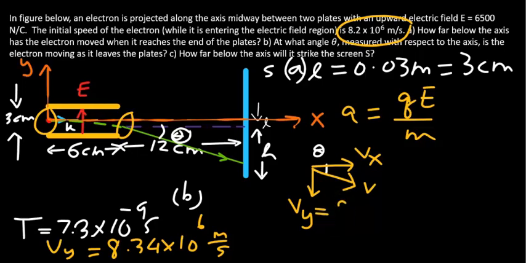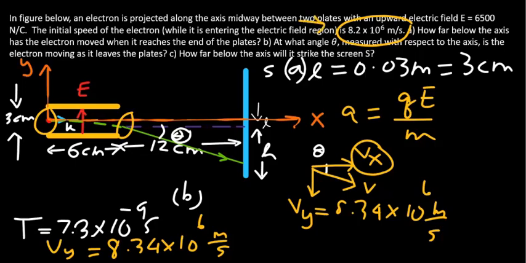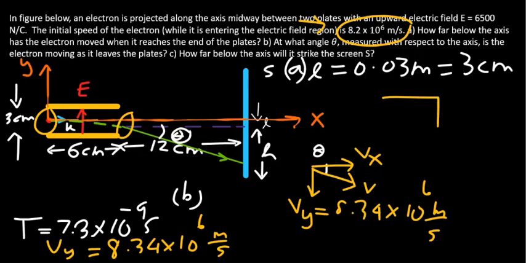If this is 8.34 times 10 to the power 6 meter per second, and the x component is given by 8.2 times 10 to the power 6 meter per second, how can we calculate the angle theta? Well, all we need is a little bit of trigonometry.